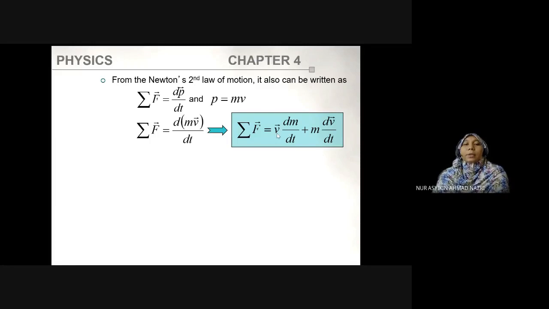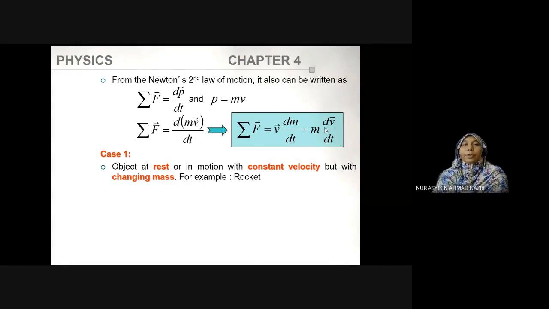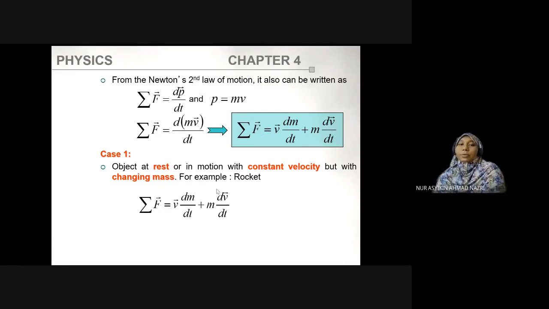In mathematics, in calculus, we write it in terms of this. What does it mean? It means the change of mass with time will also contribute to the value of force, or the change of velocity. Either one.